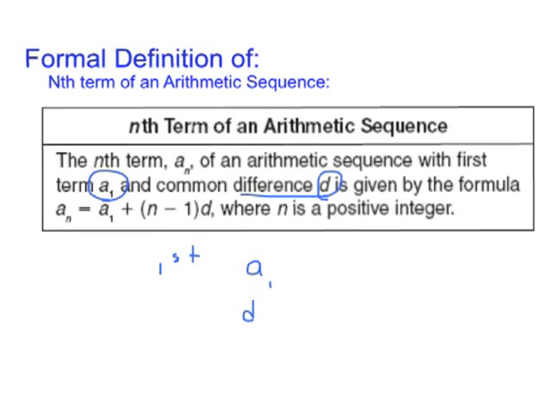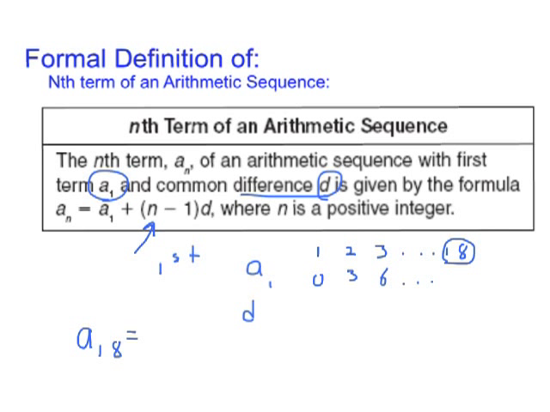So let's take a look at a real quick example showing what this means, using the example we did before. If I know the first, second, third term and so on, 0, 3, 6, dot, dot, dot, and I want to know what the 18th term is, all I will do is plug that 18 in here. So a sub 18 is going to be equal to the first term.